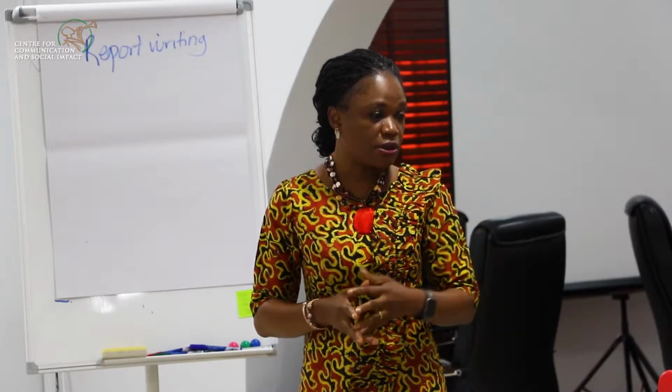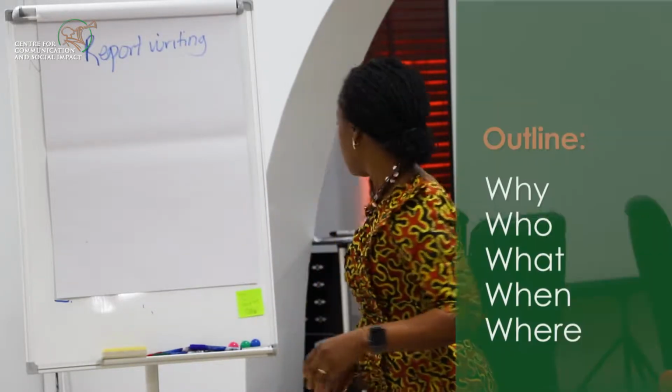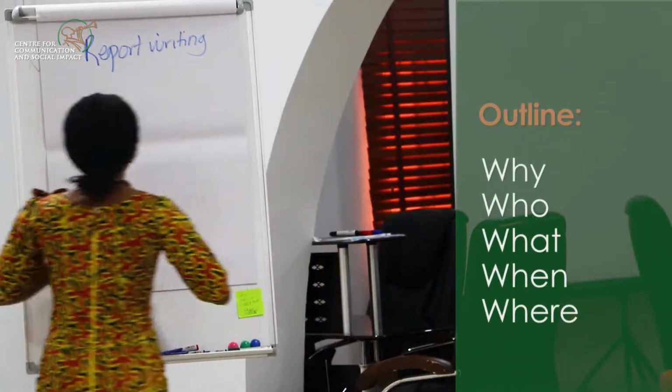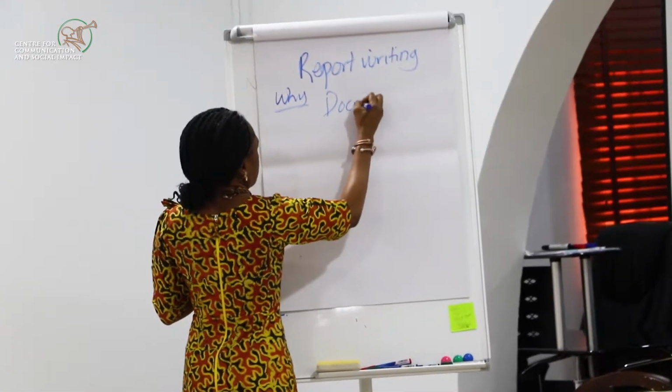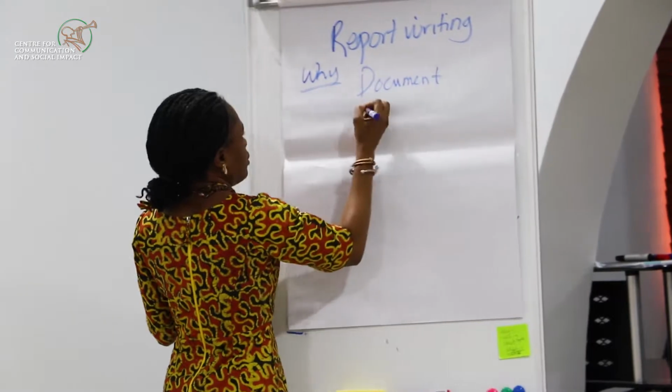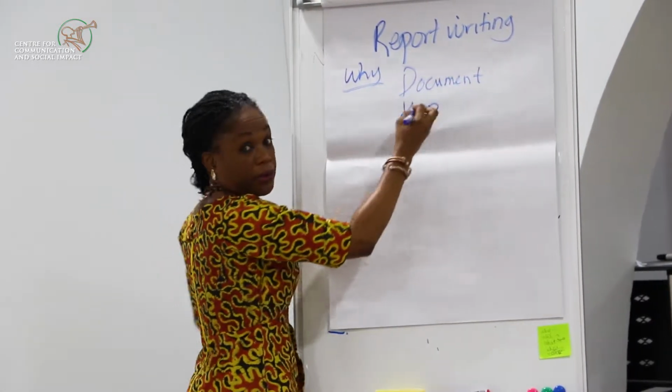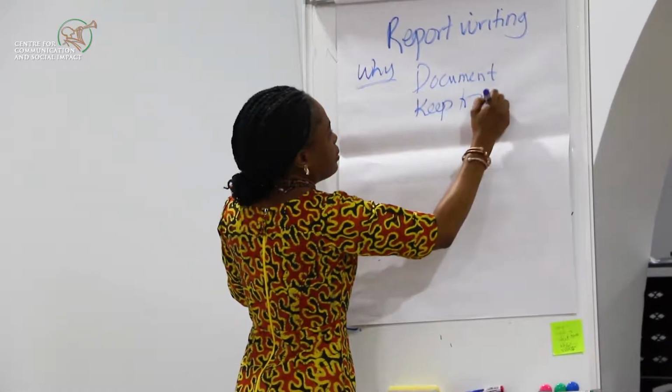So let's start with why do we write reports? And Dupe, you wanted to say something? Yes, we write reports so that we can document activities for future reference. So, documentation. Any other reason why? To be able to keep track of action items. Yes, action items.